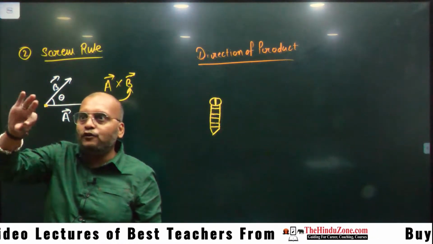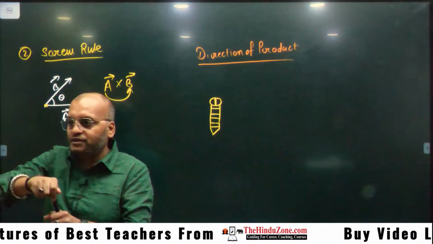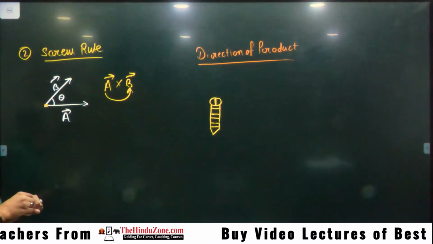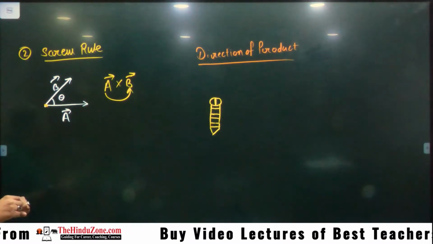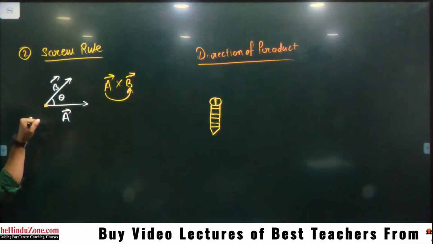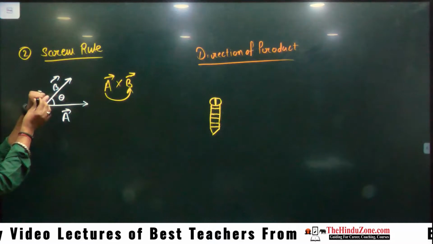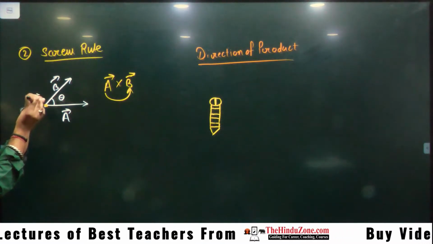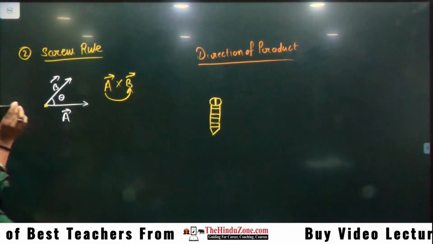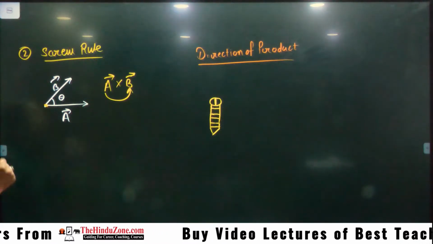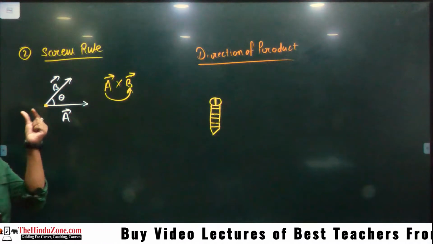So if you rotate it in anti-clockwise direction, what will happen? See, it will emerge out, it will get loose, like this. So this is the direction of the resultant. Screw is coming out, that means the direction is outside the board.